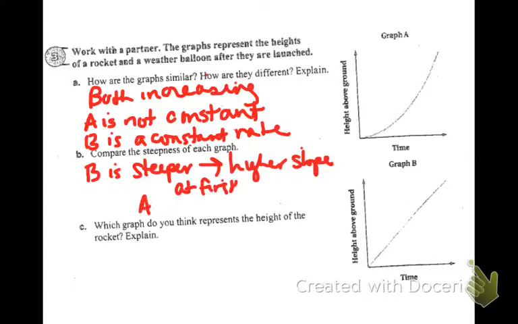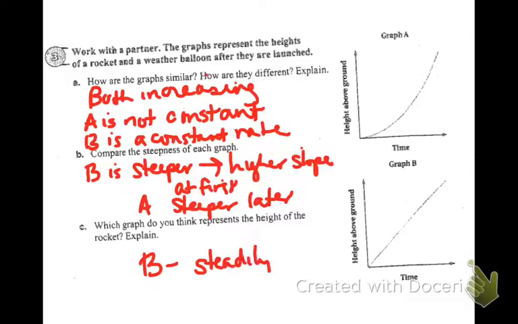Then A is steeper later. Which graph do you think represents the height of a rocket? That would probably be B because it steadily increases, not suddenly. So it's not a sudden increase.